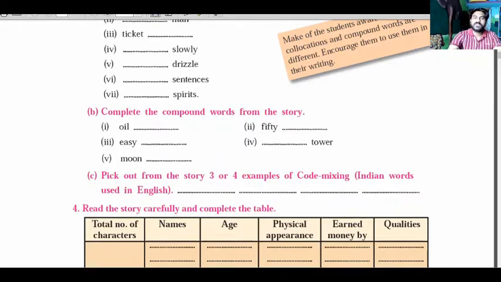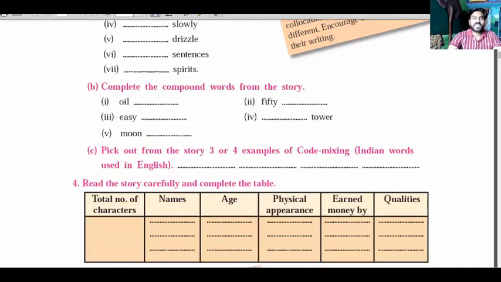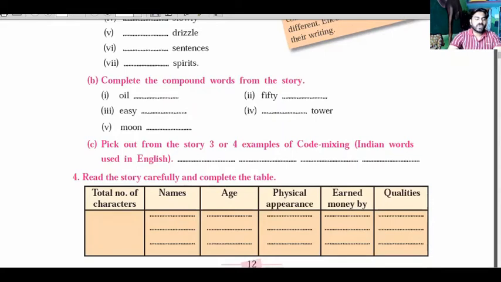At that time the light was drizzle, so you put there the word light. Then 6, sentences. Before, we have to use whole sentences.